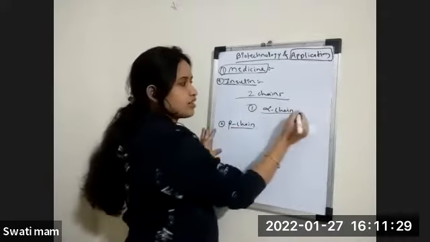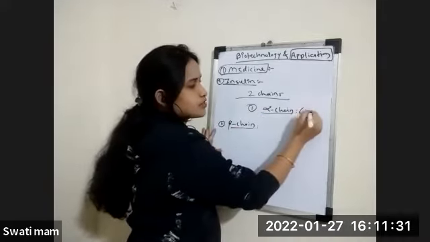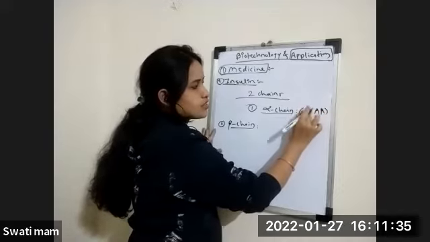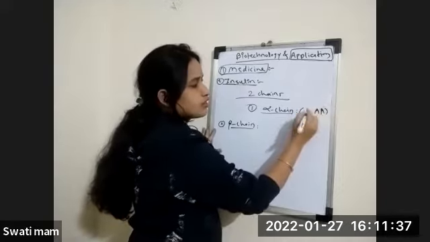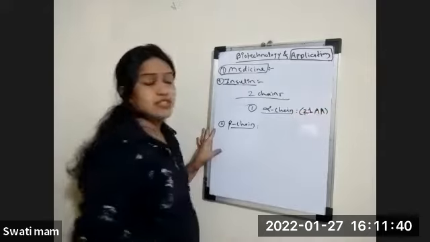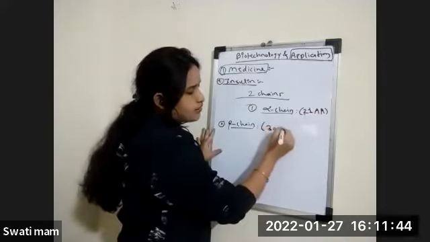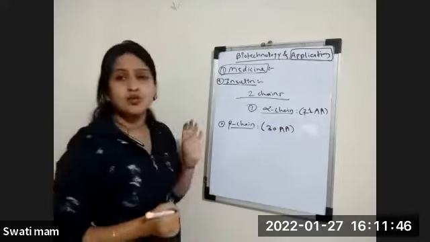Now another point: the alpha chain is made up of 21 amino acids, and the beta chain has 30 amino acids.